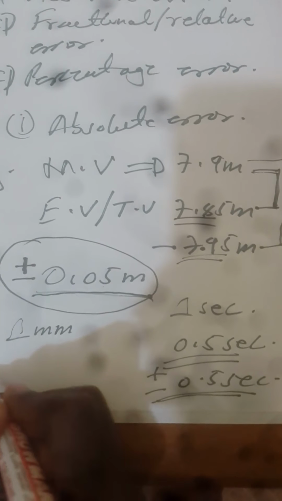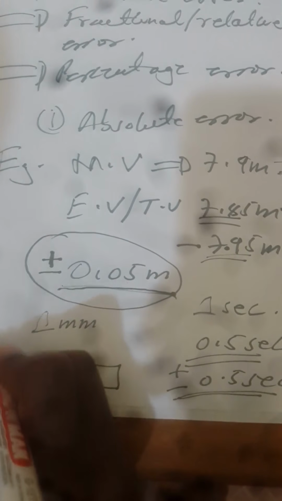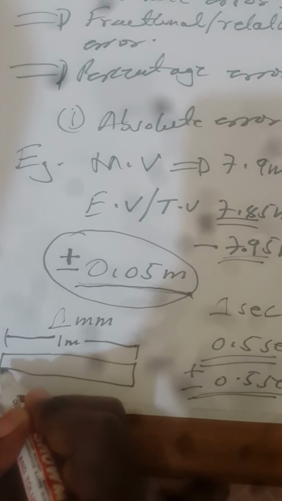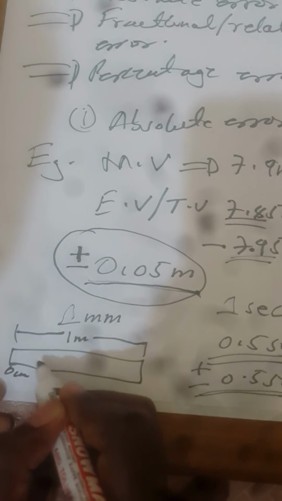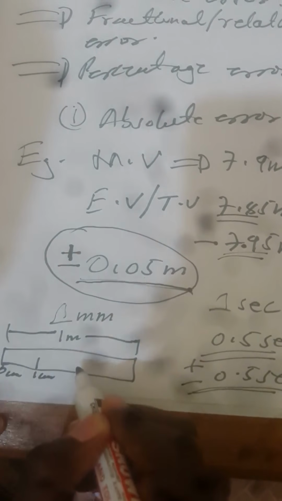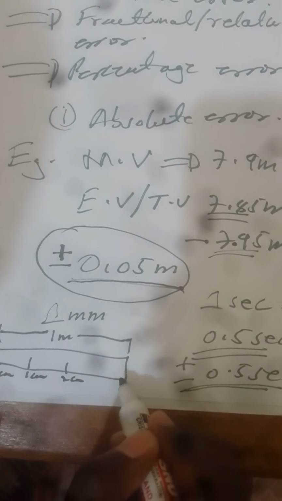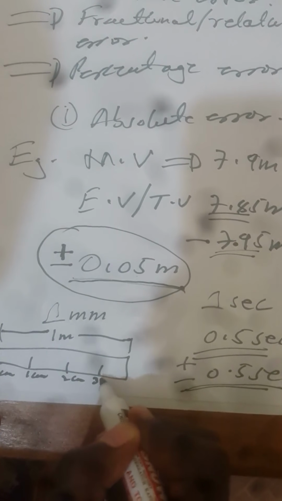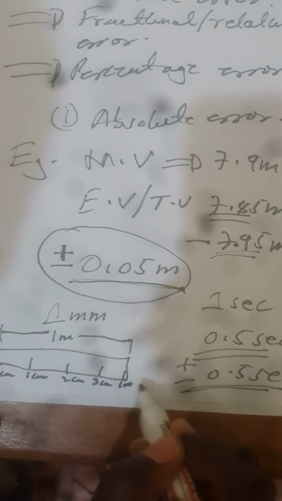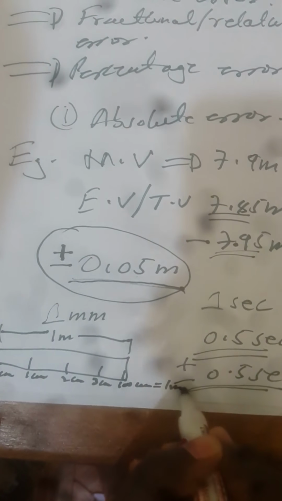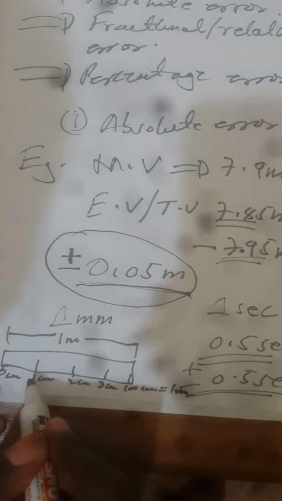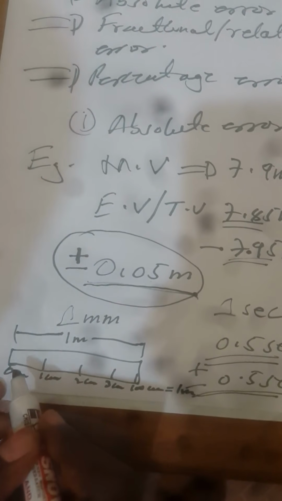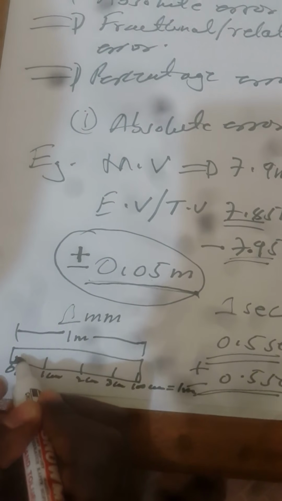A rule like this one has 1 meter, and we know from here is 0 centimeter, here is 1 centimeter, here is the second centimeter, up to 30 centimeter, up to 100 centimeter, which is equivalent to 1 meter. But from 1 centimeter to another, there are 10 divisions.